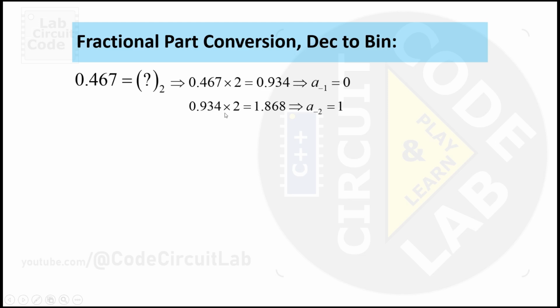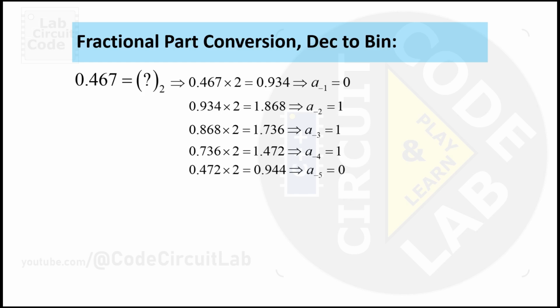We come to the next stage, and here we have a 1 as an integer. We take out 1, and we continue multiplication until we get a minus 3, which is 1, and a minus 4 is also a 1, a minus 5 is 0, and a minus 6 is 1.